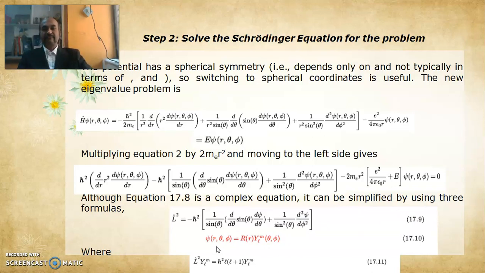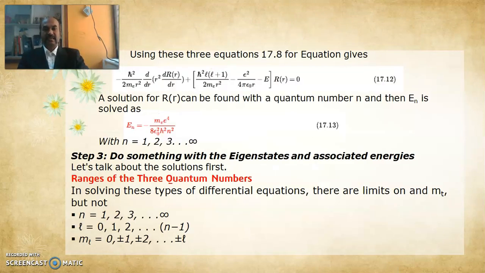Psi of r theta phi is equal to R of r into Y of l to the power m of theta phi, and we will call this equation 10, where L cap square into Y of l to the power m is equal to h cross square l of l plus 1 into Y of l to the power m, and this is equation 11.